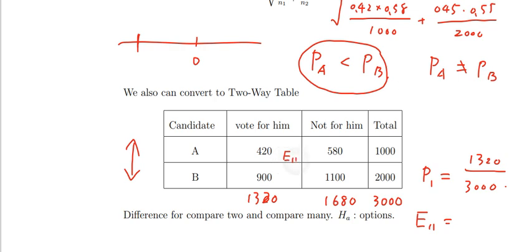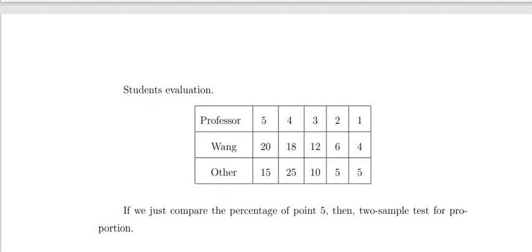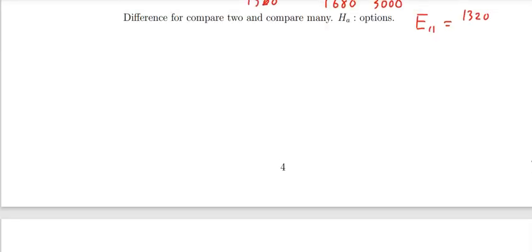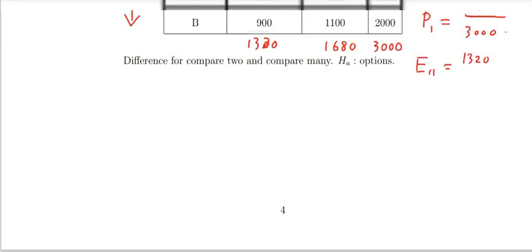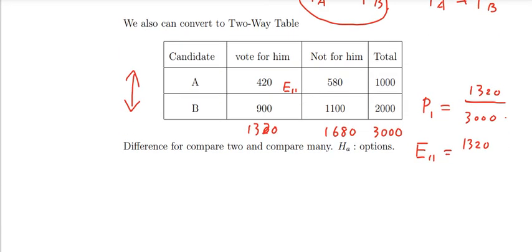Then we can find E1, meaning how many are supposed to vote for him. So E1 equals this percentage for this category, then multiply by the total of 1000 people, right?